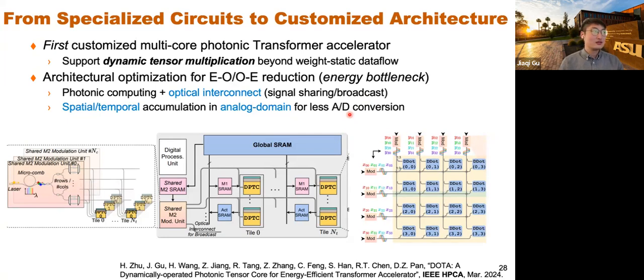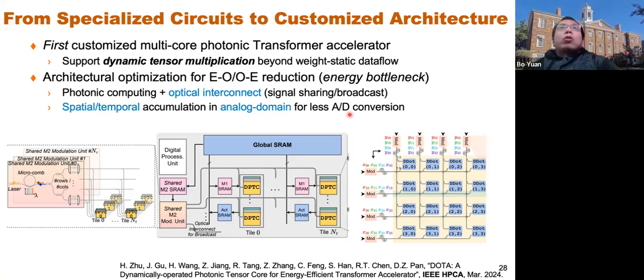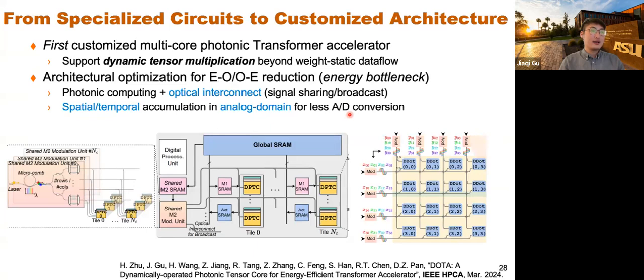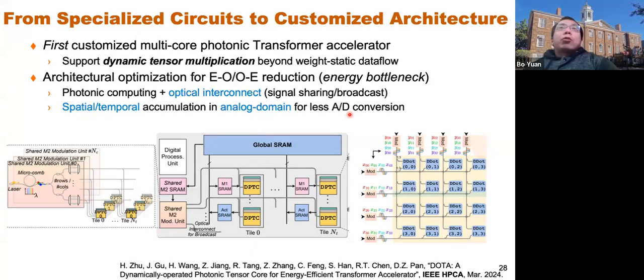But another problem is that because all the computations are in the optical domain, every time you want to compute another chunk of the data, you need another round of the laser, right? Yes. Because here you do not use fully parallel computation. For this kind of moderate workload, you must still have partially parallel computation.